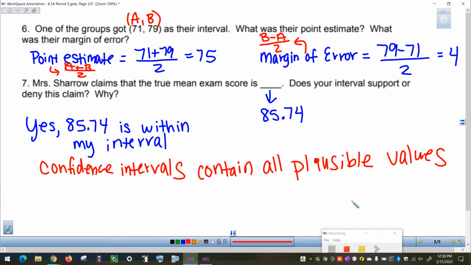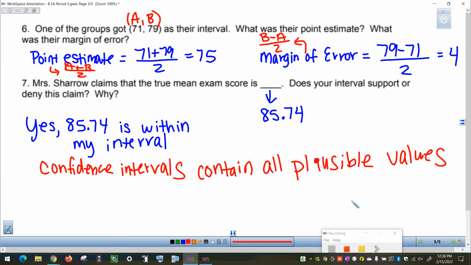So not that anybody here in the class did this, but by looking at the sample means that we got from our data at the start of class, the means were probably somewhere in the 80s, most of them. So it wouldn't make sense for a confidence interval to be, we think that the mean score was somewhere between like 25 and 35. That wouldn't really be in alignment with what we've actually collected from our sample data.